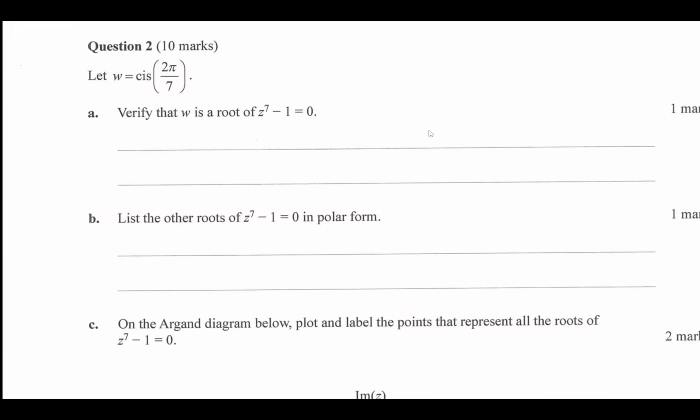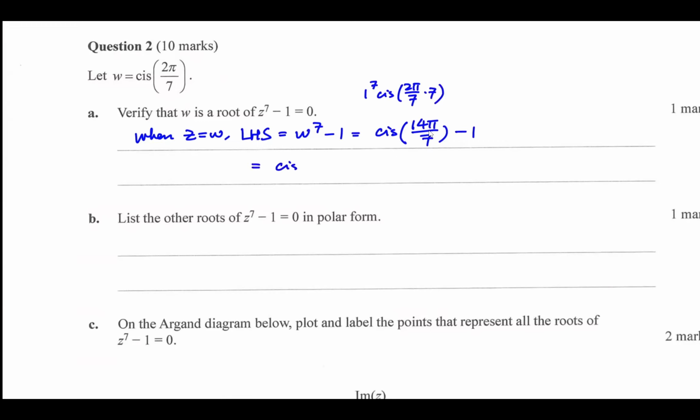Question 2. Let w equal cis 2 pi over 7. So we want to verify that w is a root of z^7 minus 1 equals 0. So when z equals w, the left-hand side equals w to the power of 7 minus 1, which equals cis 14 pi over 7, because that's basically cis 2 pi over 7 times 7, using De Moivre's theorem, minus 1.